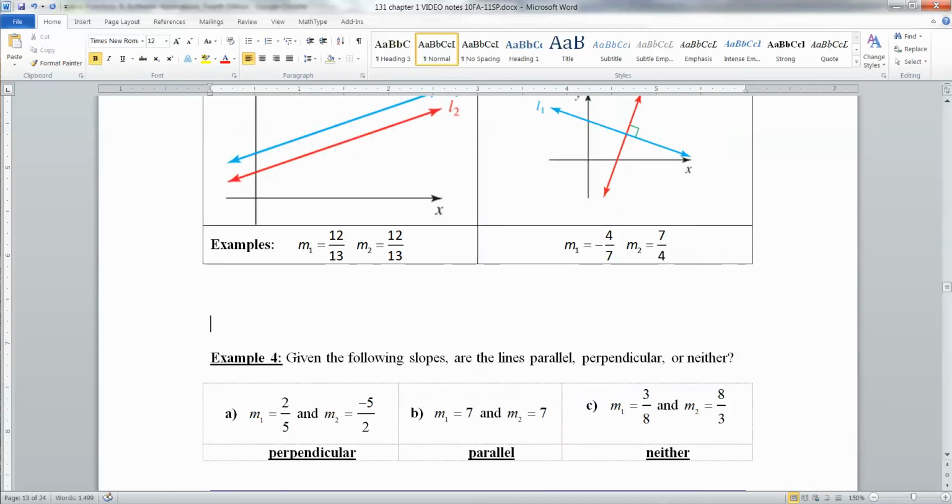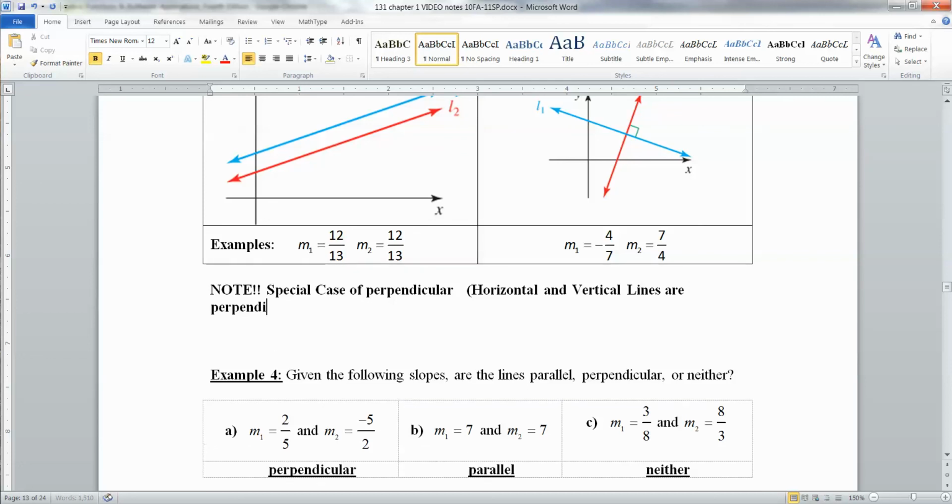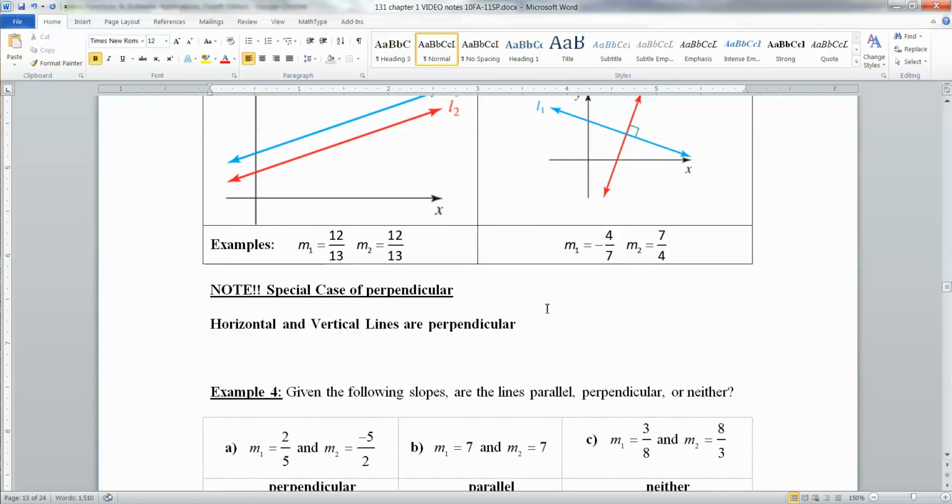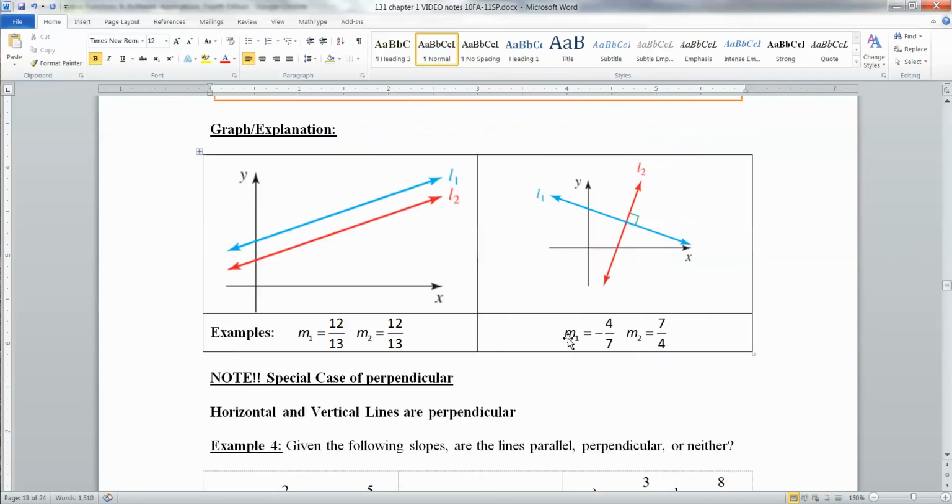I just want to make one other quick note. There's a special case of perpendicular. So the horizontal and vertical lines are perpendicular, right? So I better put that in there. All right, so the horizontal and vertical lines are perpendicular to each other, but their slopes don't do this opposite reciprocal thing.